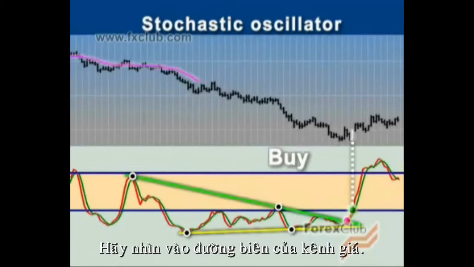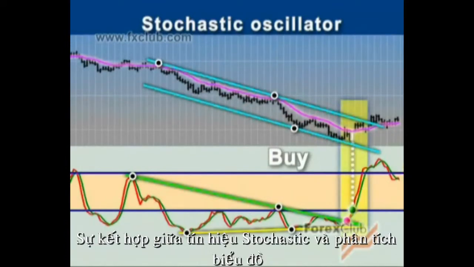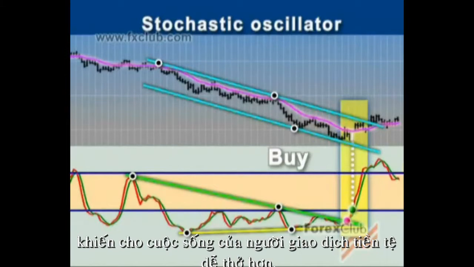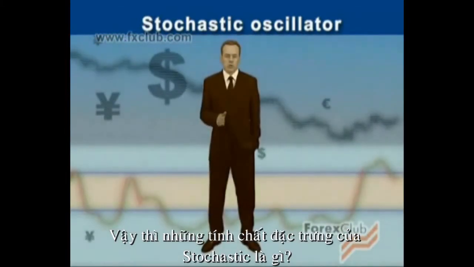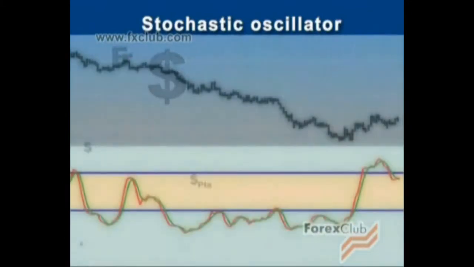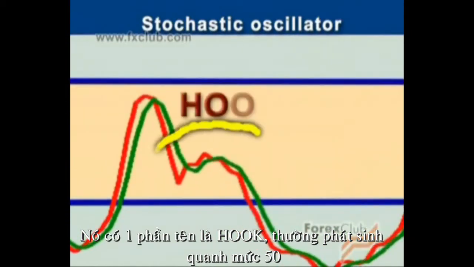Let's just take a look at the lines that form the borders of the price channel. The combination of stochastic signals and chart analysis makes the trader's life easier. So what typical characteristics does stochastic have? This pattern has its own name, the hook.